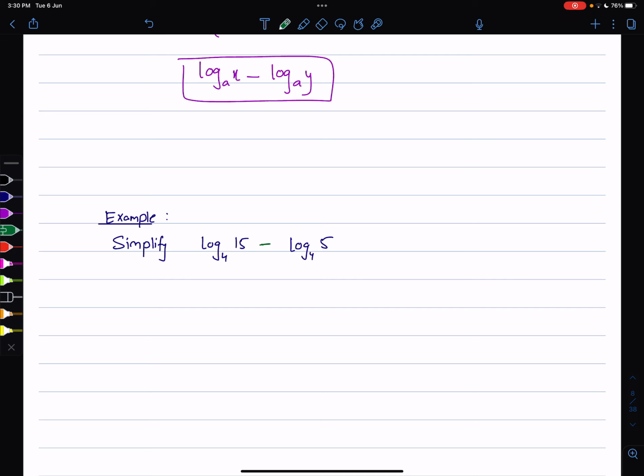Two logs of the same base are being subtracted, so we can use the division rule and express this as a single log to the base 4, with these numbers expressed as a fraction, 15 upon 5. So the final answer is log to the base 4 of 15 upon 5, that is 3.